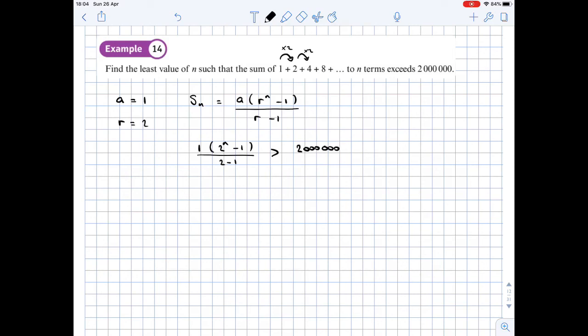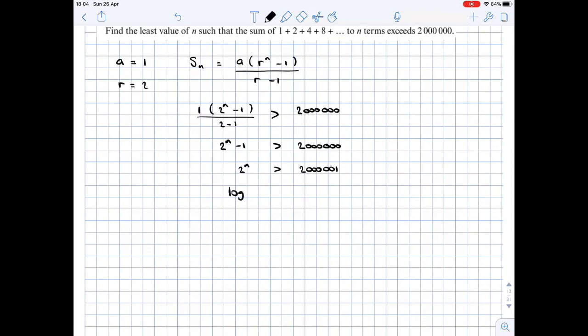So, simplifying that gives 2 to the n minus 1 bigger than 2 million. So 2 to the n is bigger than 2,000,001. Taking logs of both sides, at this point the n can go in front, meaning we want to know when n is bigger than log of 2,000,001 divided by log of 2, and log of 2 is positive, so we don't need to worry about changing the sign.